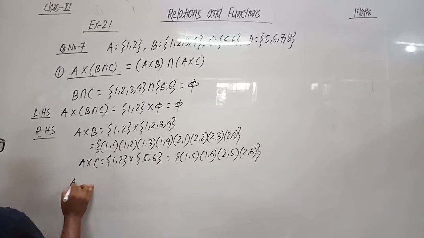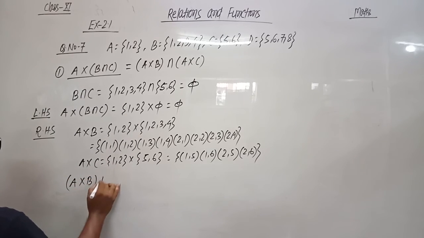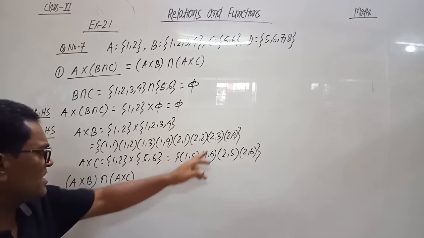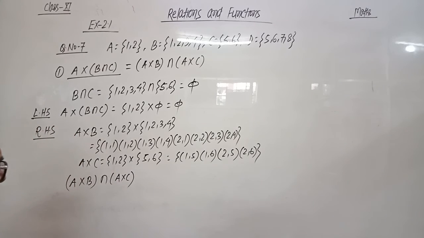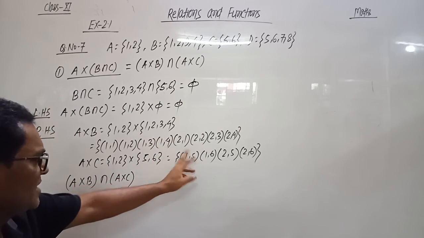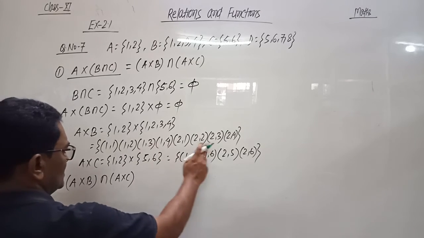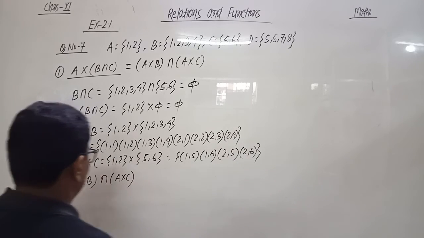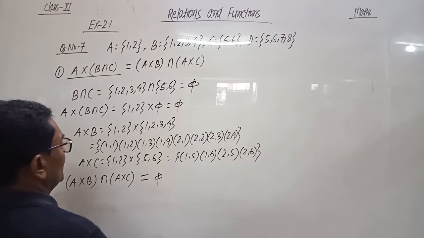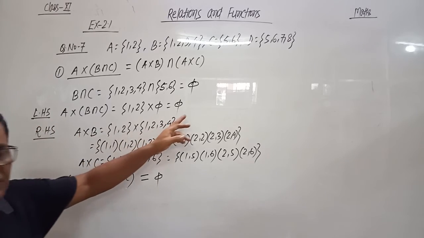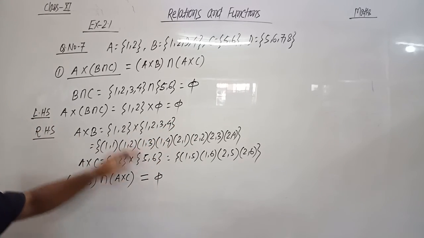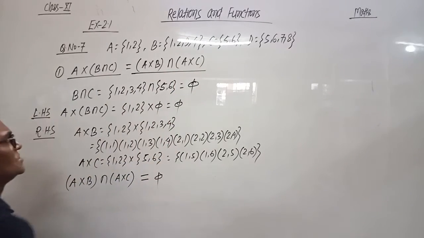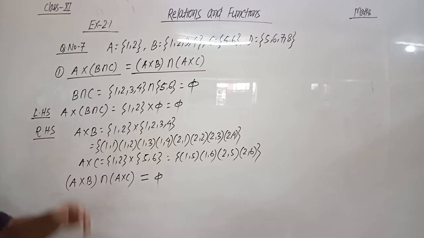Now we have to find A cross B intersection A cross C. Among them nothing is common. 1 comma 5 is not in this set, 1 comma 6 is not, 2 comma 5, 2 comma 6, nothing is common. So the result will be empty. LHS was empty and RHS is also empty. So this verifies that A cross B intersection C equals A cross B intersection A cross C.